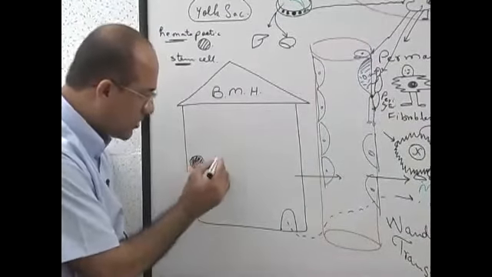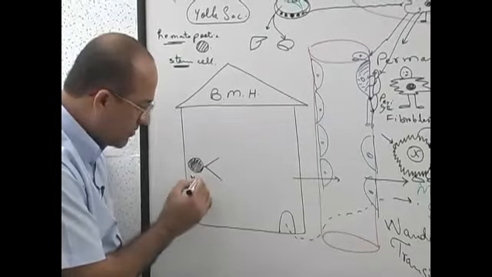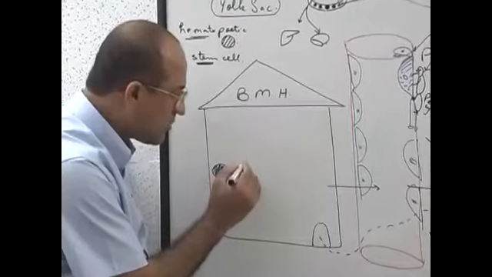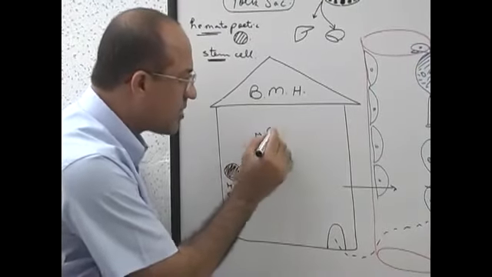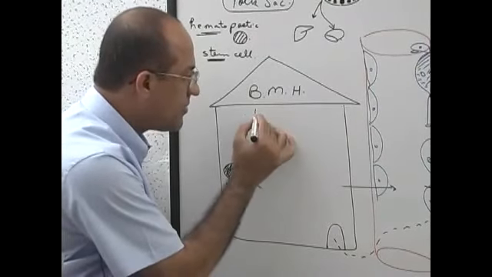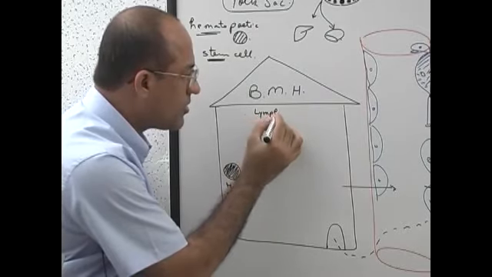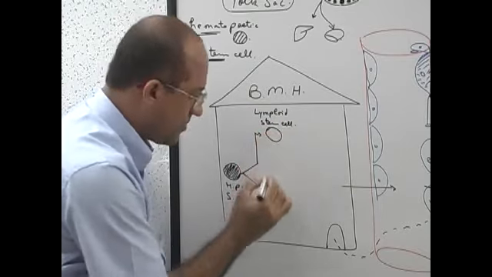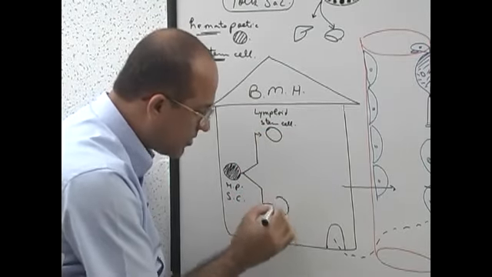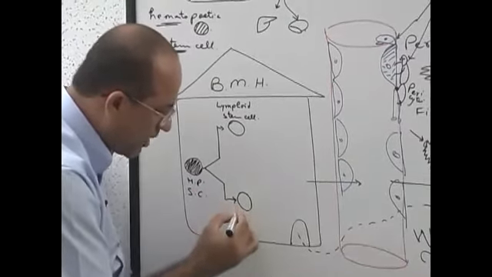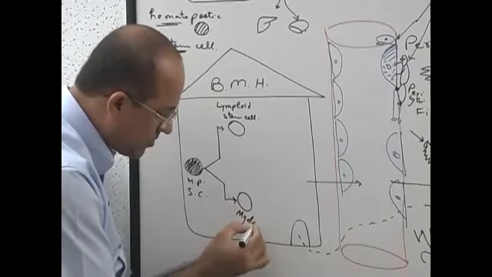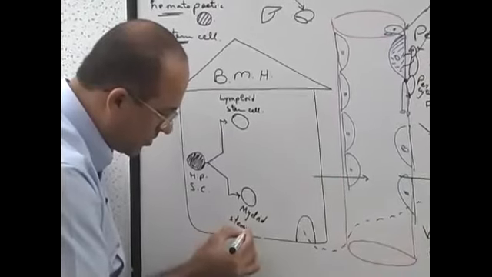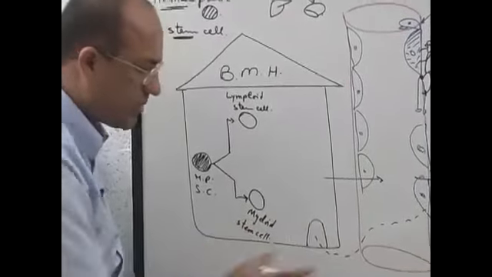When cells divide, this was a hematopoietic stem cell. It divides into basically two types of cells. Lymphoid stem cell, and another type is myeloid stem cell, right?